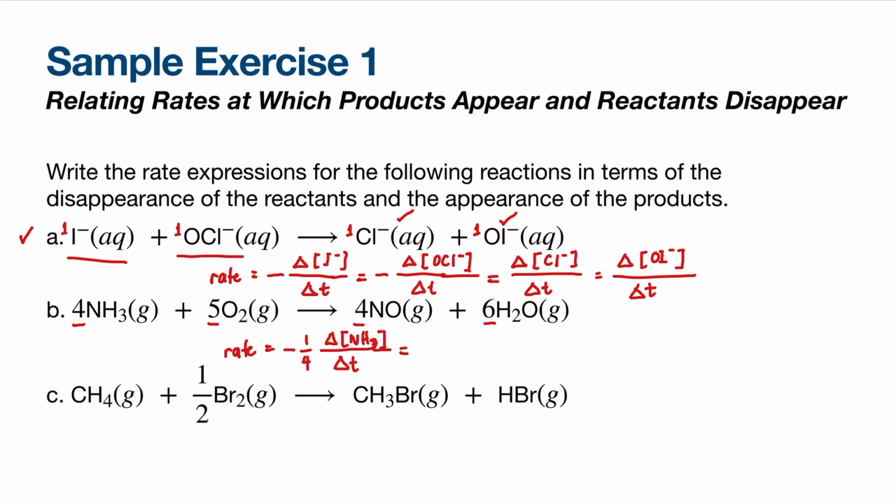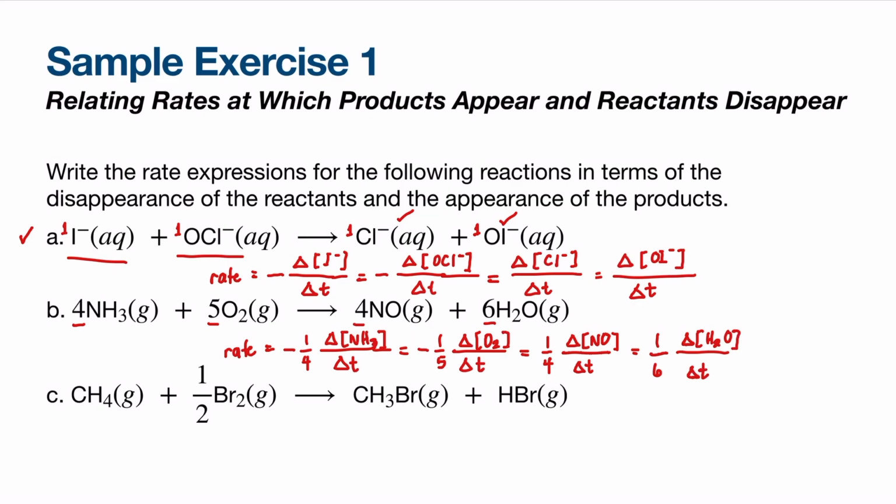This is also equal to negative 1/5 times the change in the concentration of oxygen gas divided by the change in time, equals positive 1/4 times the change in the concentration of nitric oxide divided by the change in time, equals 1/6 times the change in concentration of water divided by the change in time.